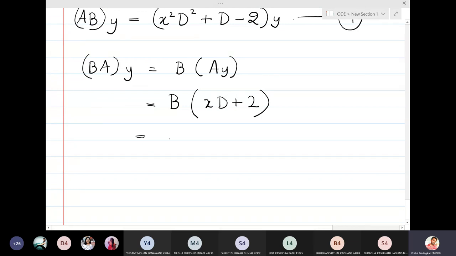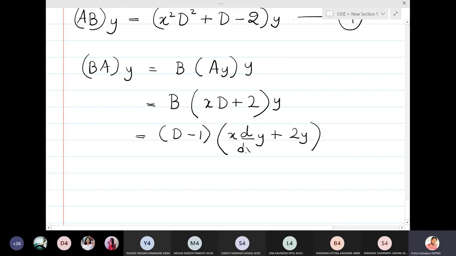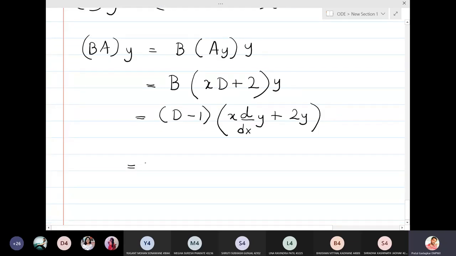B is d minus 1. So d minus 1 of x dy plus 2y, I forgot the y, x dy plus 2y, where this d can be replaced by what? dy by dx.